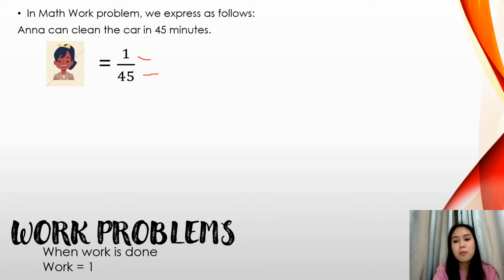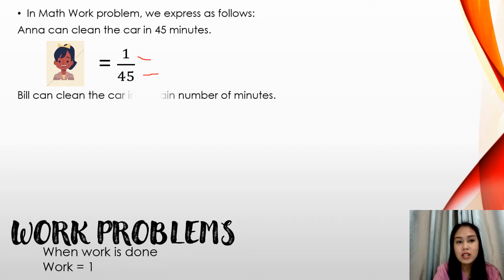So we just have to remember that the number of minutes the work is done, we are going to put in the denominator. Now, another example is that Bill can clean the car in a certain number of minutes. In this particular sentence, it is not given how many minutes Bill took to clean the car.